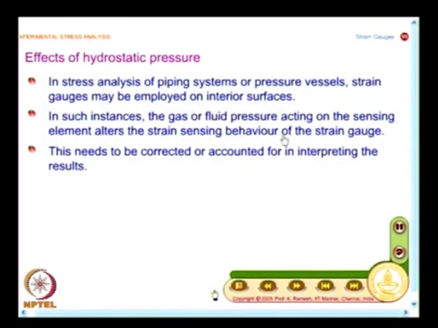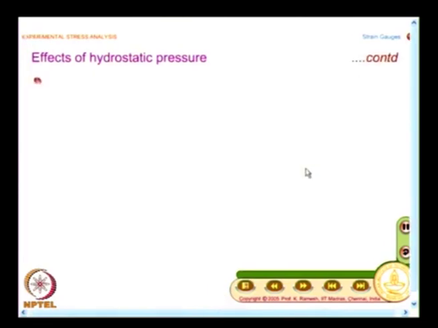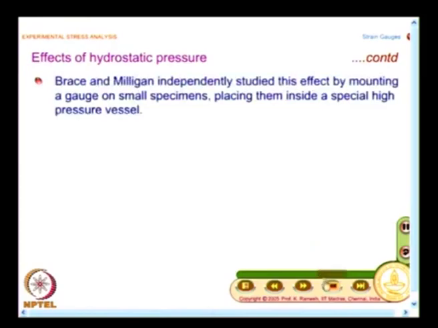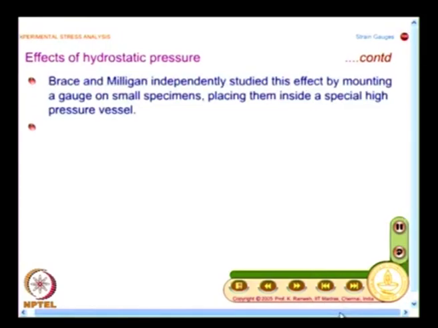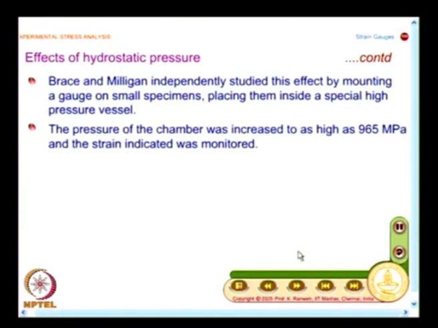So, when fluid pressure is acting on it, these effects need to be corrected or accounted for in interpreting the results. See, when you have a hydrostatic pressure, you can theoretically calculate the strain developed.